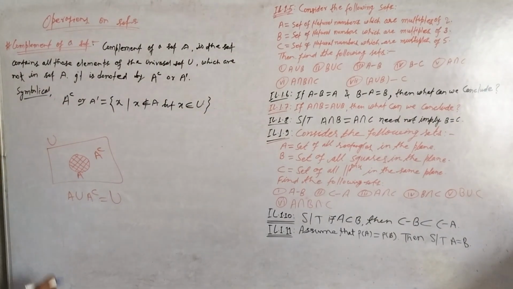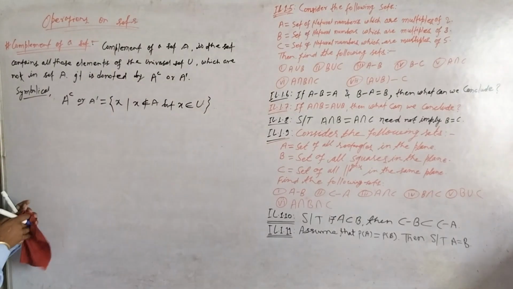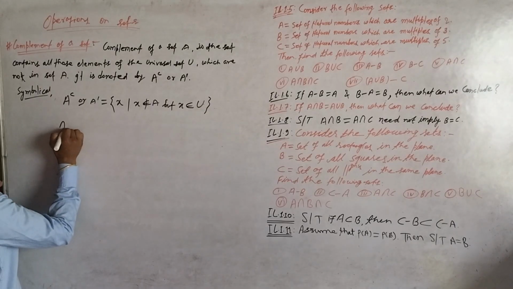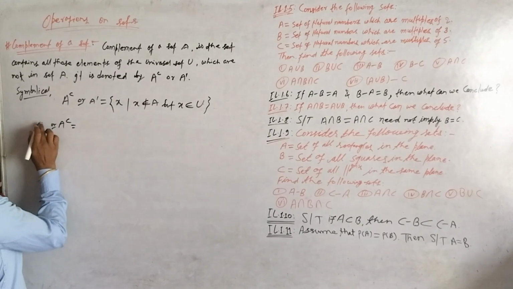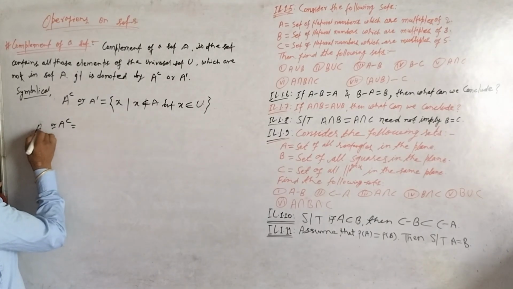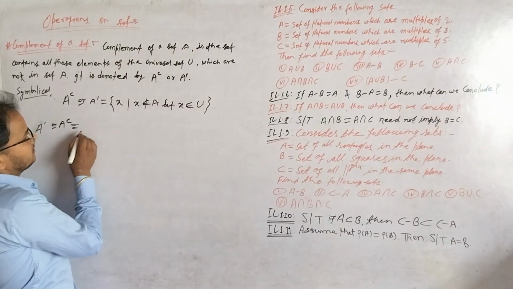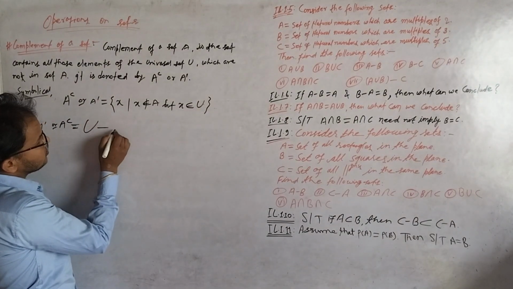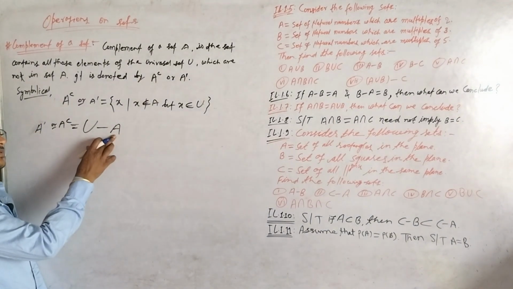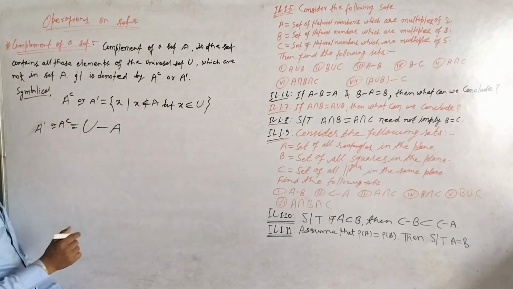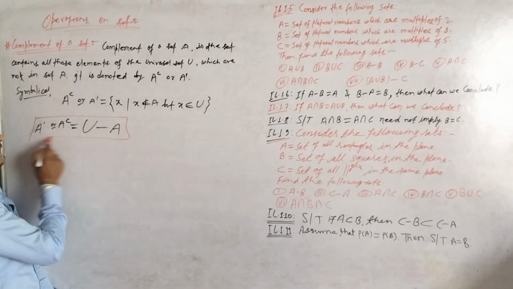How do we find the complement elements from the given set and the universal set? A complement, or A dash, is found using subtraction from the universal set, that means subtract set A from the universal set. This gives all the complement elements of set A.